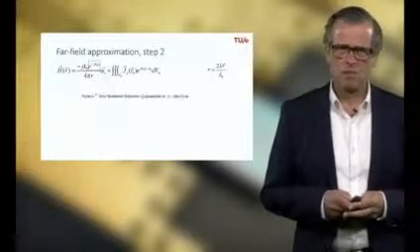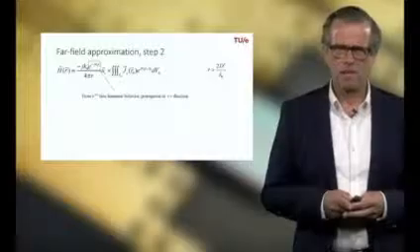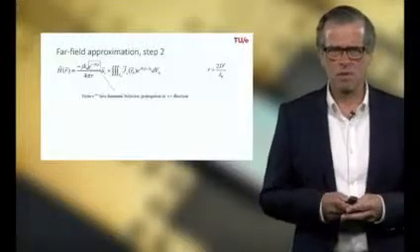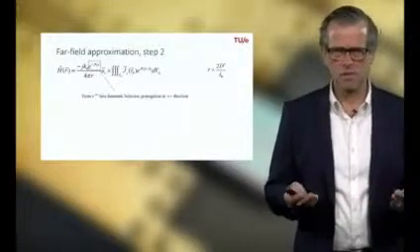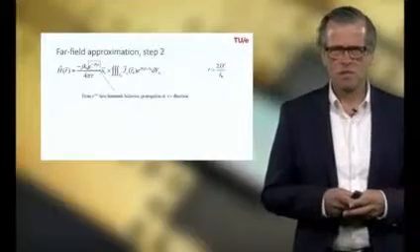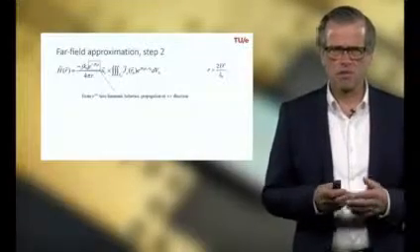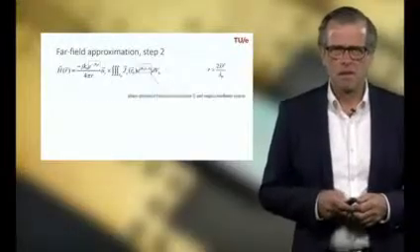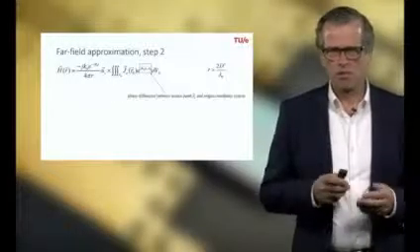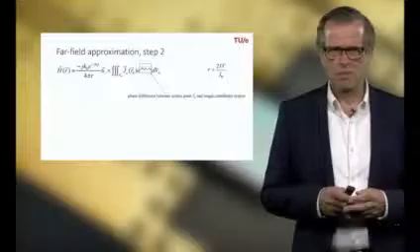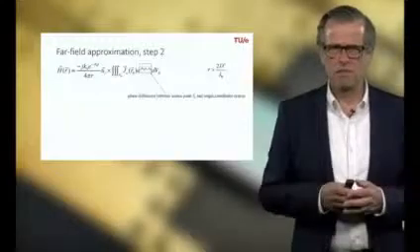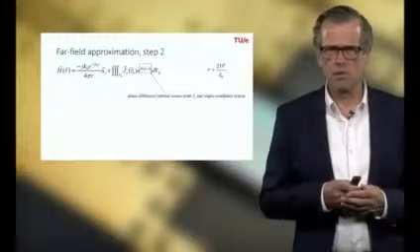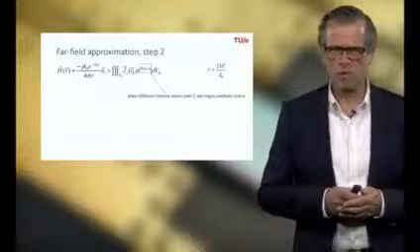The second observation is that indeed, since we have time harmonic signals and fields, the wave propagates in the plus r direction, away from the antenna, as you expect. This term here in the exponential is in fact the phase difference between the source point r naught and the origin of the coordinate system.